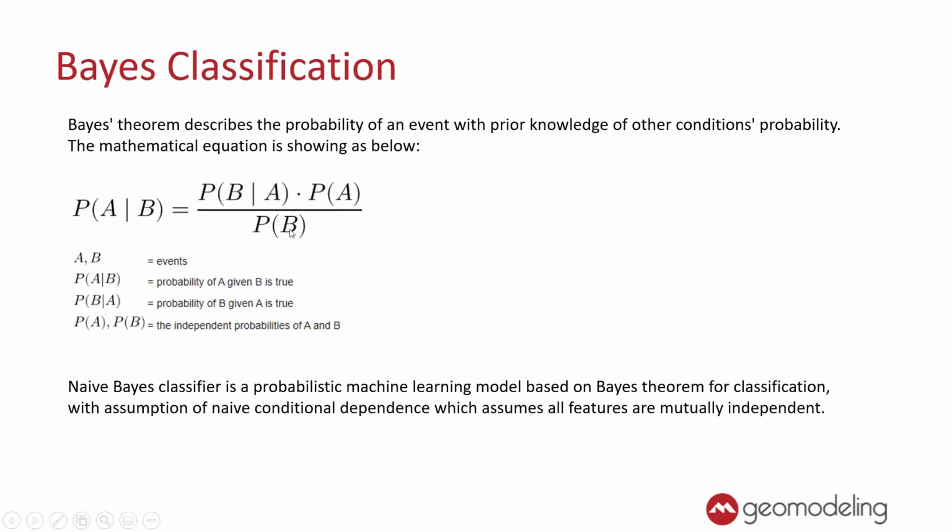B represents the seismic attribute, then P(B) is the general probability of the seismic attributes. P(B|A) is the conditional probability of the seismic attributes given the facies. If we know the general probability of facies, which is P(A), and the distribution of seismic attributes for each facies, which is their conditional probability P(B|A).